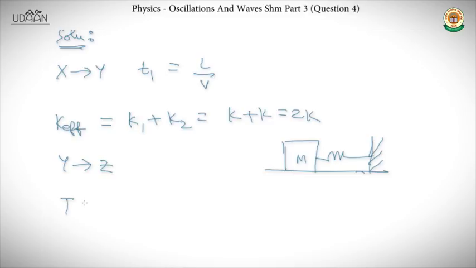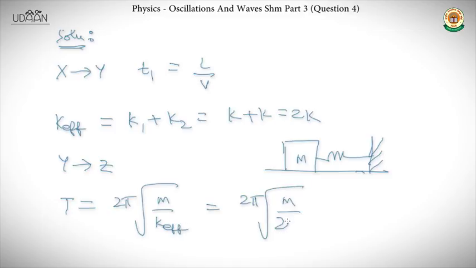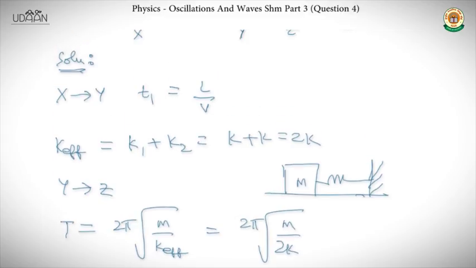Okay. So the time period is 2 pi under root m by k effective, which is 2 pi under root m by 2k. But this is to go from here to here and from this point to this extreme and then again come to the mean position.